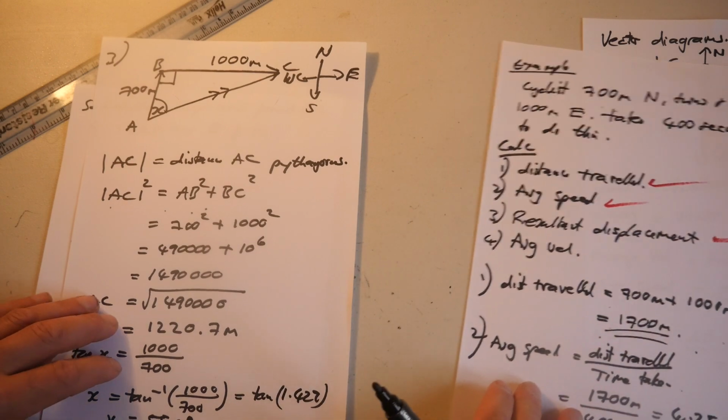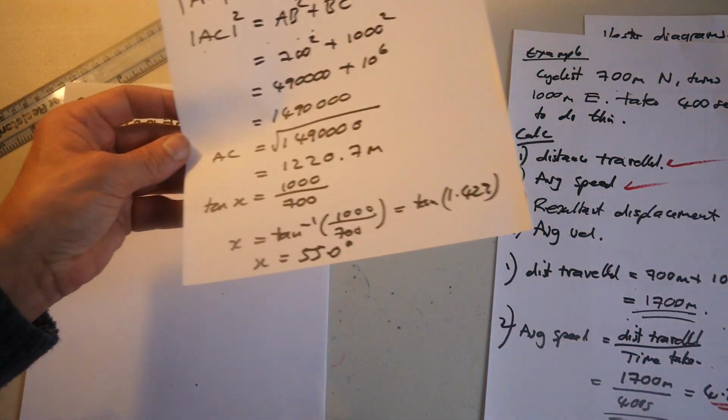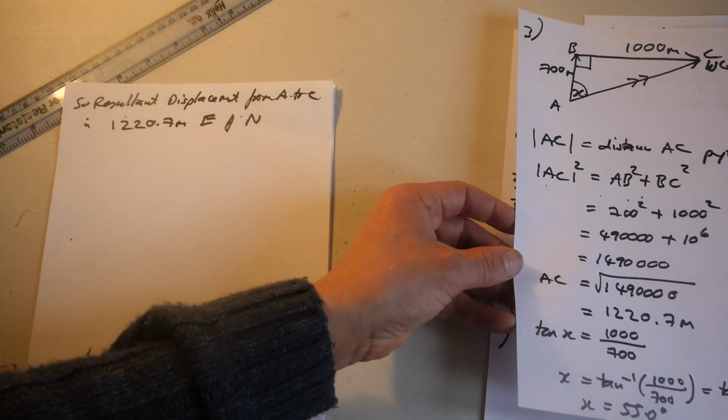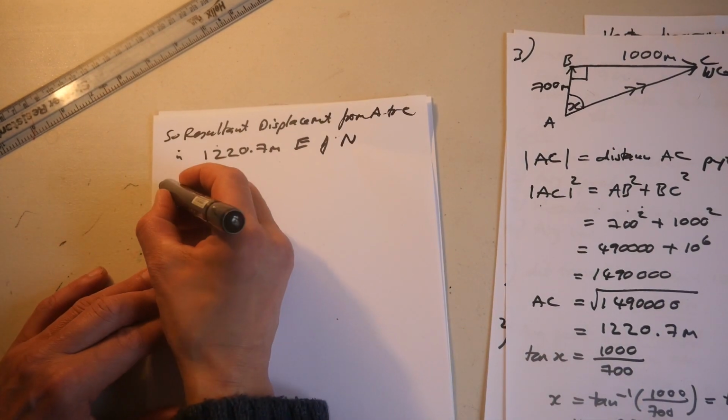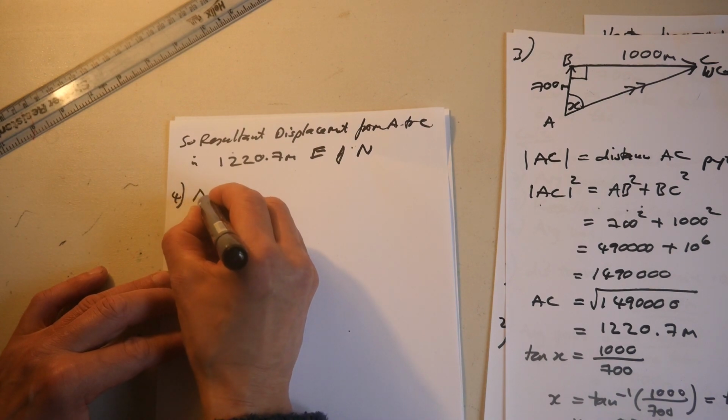And now the average velocity you've got to work out. So that's distance travelled divided by time taken.